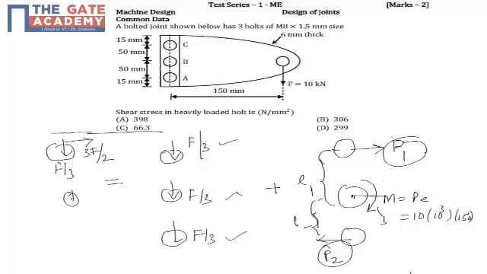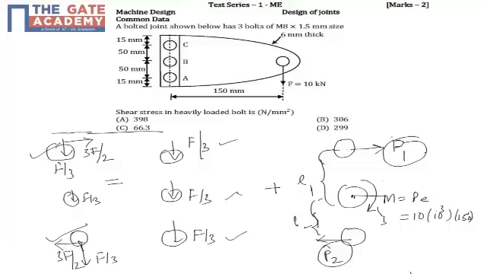At the middle you have only F by 3, which we calculated in the first part, and at the bottom you have the same F by 3 acting downward, and 3F by 2 acting towards the left. So A and C are both equally heavily loaded, and we can use either because the diameter and the loading are the same.